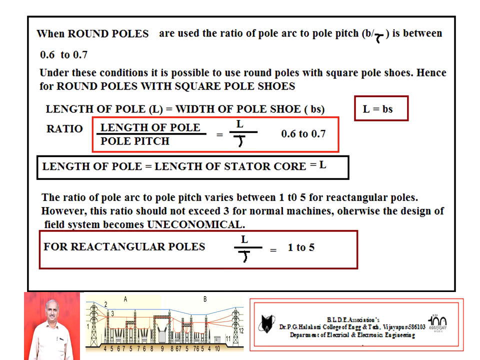Make some real time values for remembrance. So only one thing you have to remember, if round poles are used, then L by tau equal to 0.6 to 0.7. Or second possibility, if rectangular poles are used, then we have to use L by tau ratio equal to 1 to 5.